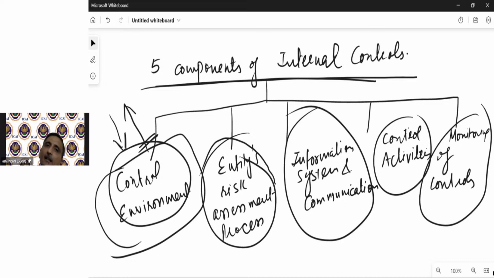First part is control environment, second is the entity's risk assessment process, third part is information system including related business processes relevant for financial reporting and communication. And what is fourth? Fourth is control activities itself.